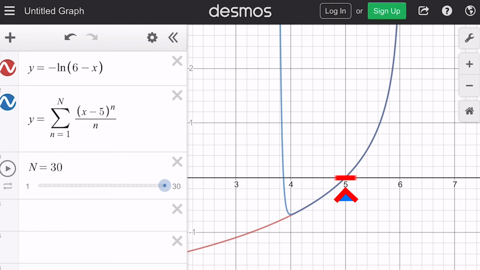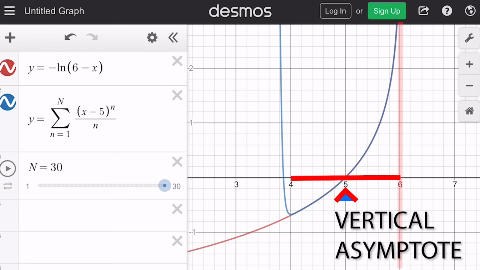And then it will extend as far as it can, equally in both directions, until one side hits a singularity, meaning some sort of discontinuous or non-differentiable or otherwise some sort of bad behavior on either side. And here, we of course have an asymptote at x equals 6 in the original logarithm function.